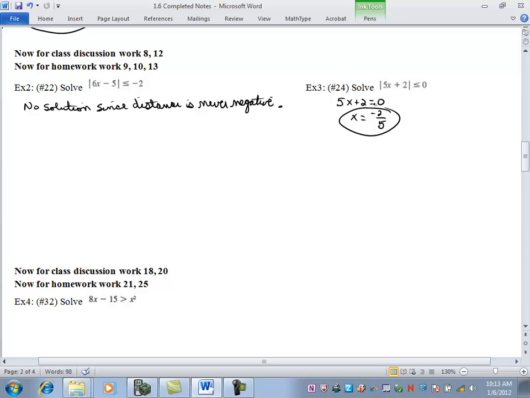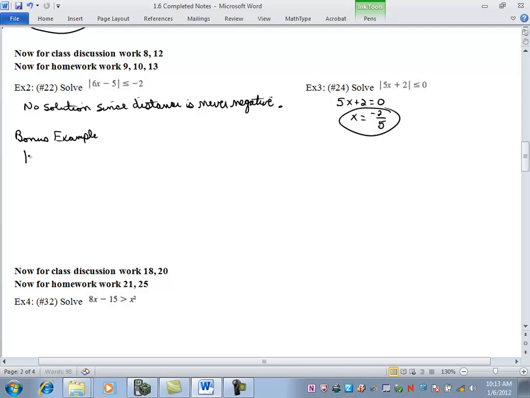Let me work a bonus example in here, one more that's not in your notes. I'd like to stress that anytime you are solving an absolute value equation or inequality, you need to isolate that absolute value first. So let's go with a bonus example here. Bonus example.